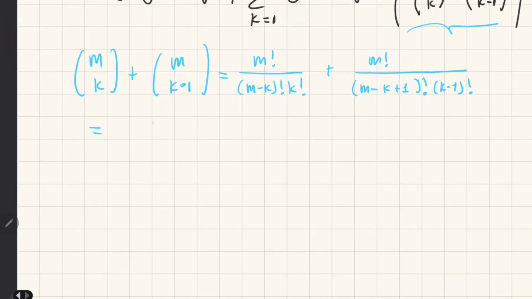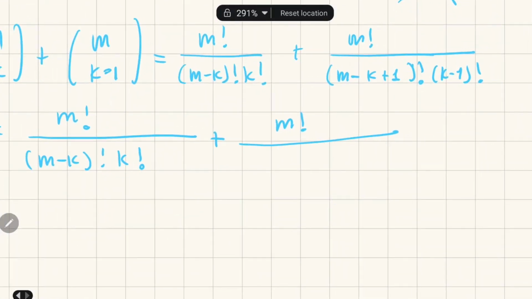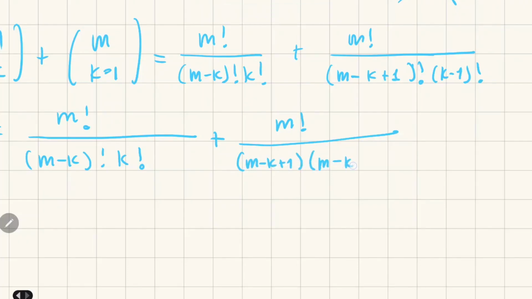So we are going to see this as m factorial divided by m minus k factorial plus m factorial, and then this will be m minus k plus 1 times m minus k factorial. Recall that all this is exactly this thing that we have here, right? Just by taking one element of this product out. Okay, and then this k minus 1 factorial, well, it will remain the same, k minus 1 factorial.